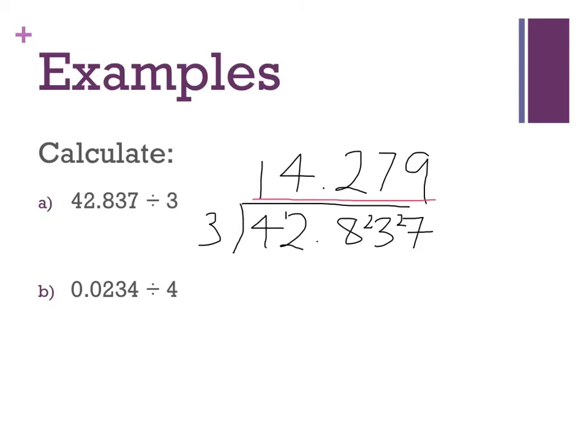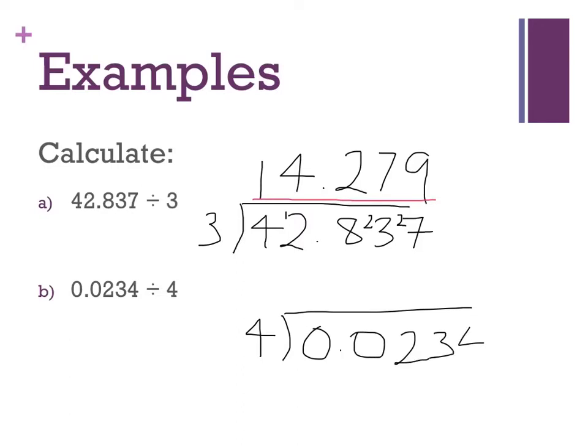Okay, let me do one more example. Our divisor of 4 goes on the outside for B, and we put our number on the inside: 0.0234.